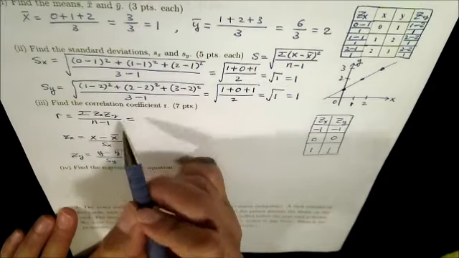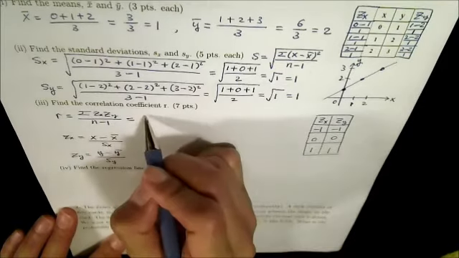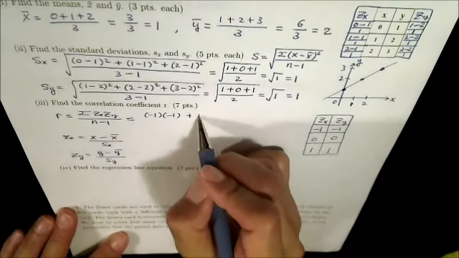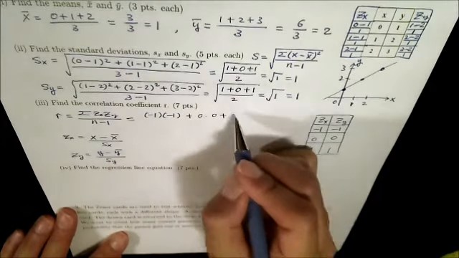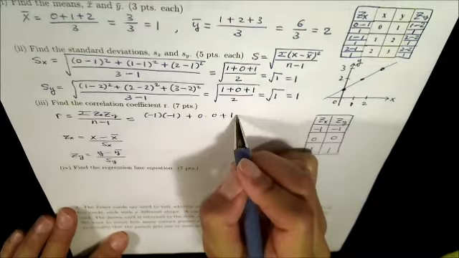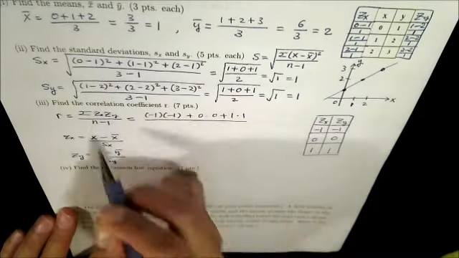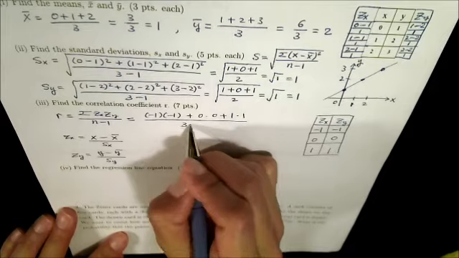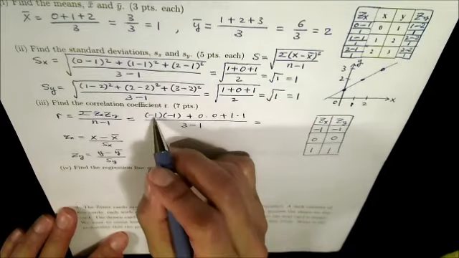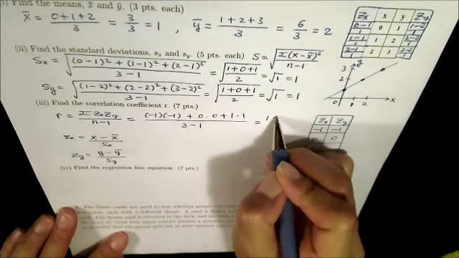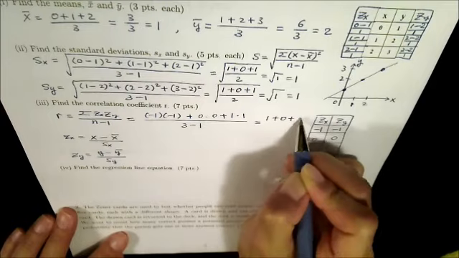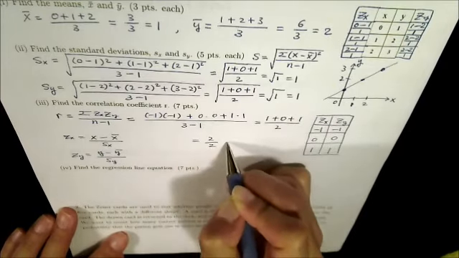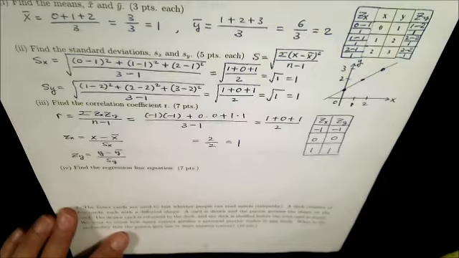For the first pair, negative 1 times negative 1, plus the second pair 0 times 0, plus the third pair 1 times 1, divided by n, the number of data points, 3, minus 1. Negative 1 times negative 1 is 1, plus 0, plus 1, divided by 2. Therefore, 2 divided by 2 equals 1.